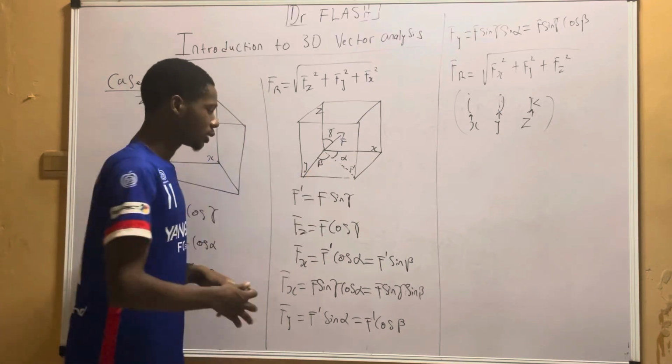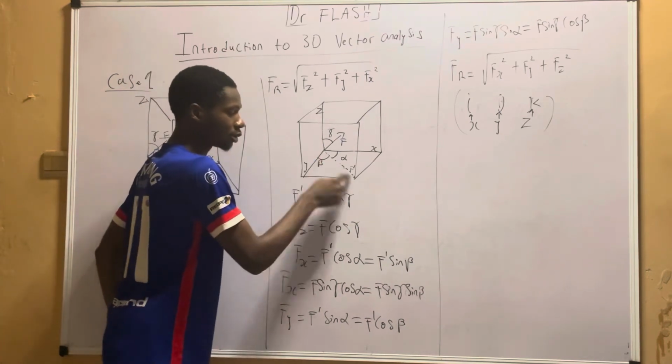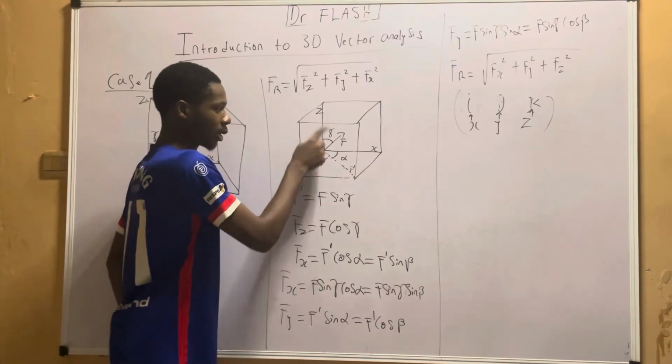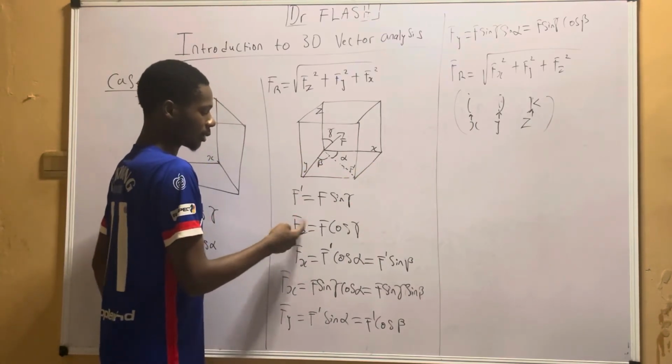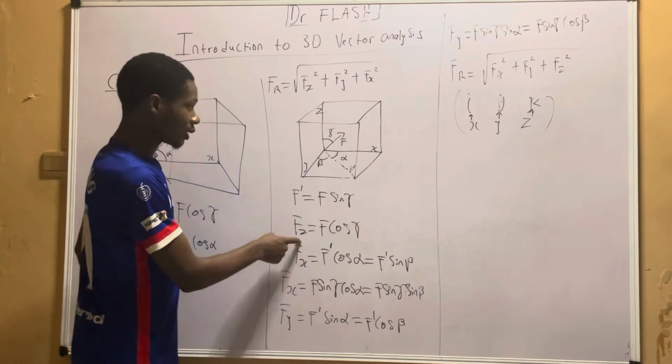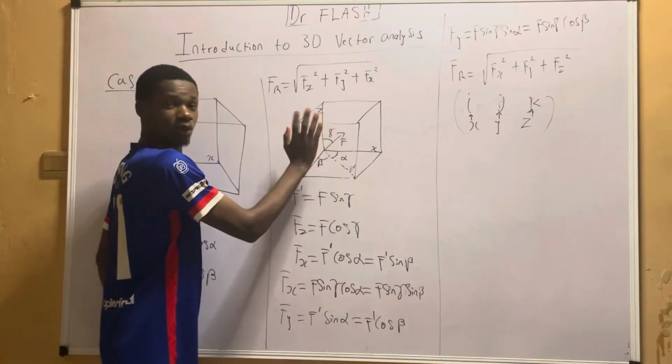So we resolve the one along the plane first, which is what I called f prime, and that's given as f sine gamma by opening this angle. Now fz is equal to f cosine of gamma, that is when we close this angle.